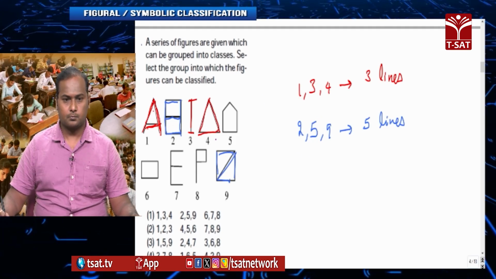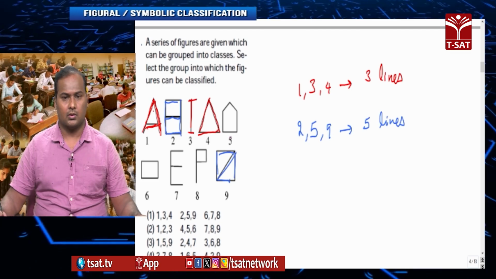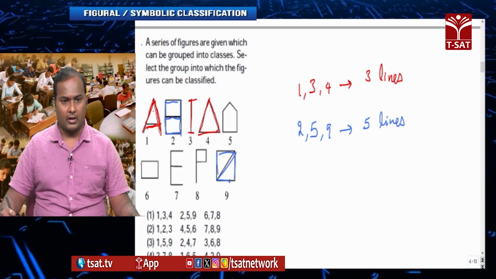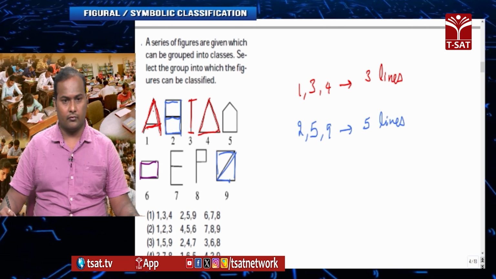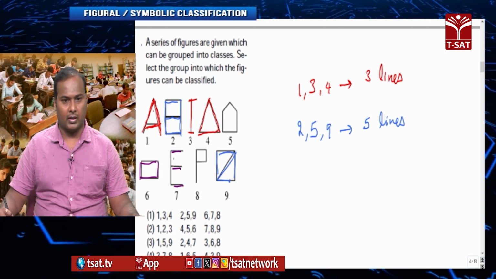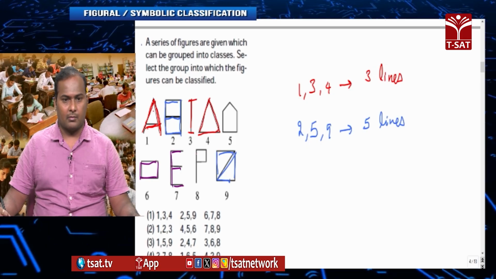And see the next one. We know that 6 is formed with 4 lines: 1, 2, 3, 4. In the same way, E is also formed with 4 lines, and P is also formed with 4 lines.